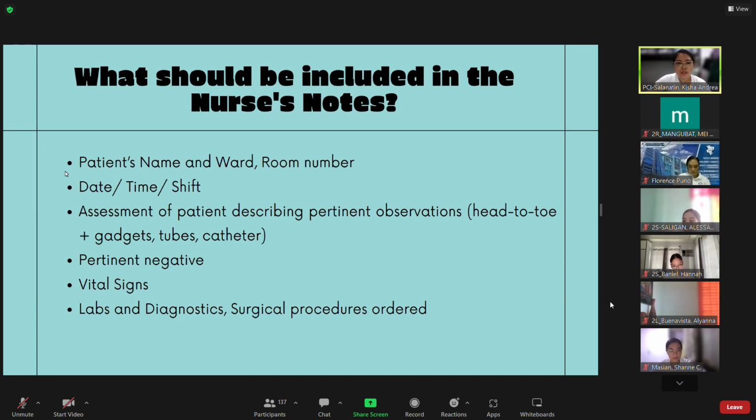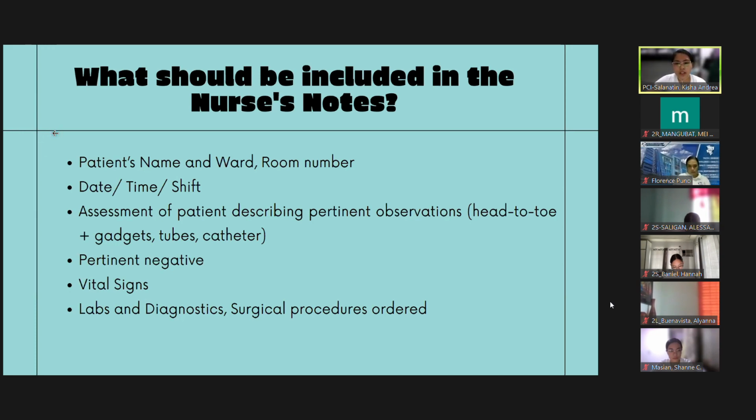Then, also, you will put your nurse's name and signature. First comes the signature of the student nurse, followed by the CI signature, then the nurse on duty or NOD signature.